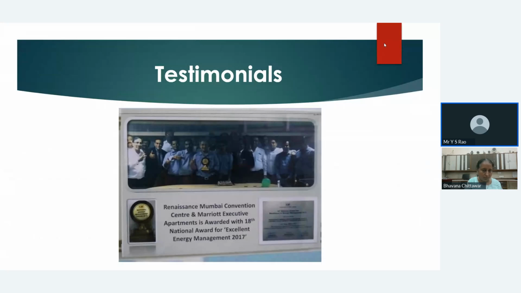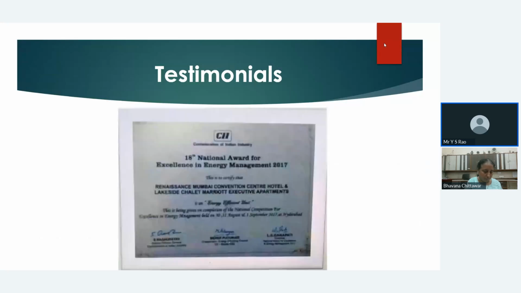It's an evidence. Having said that, it is evident through this case study that if an energy audit is conducted meticulously and the ECMs are implemented diligently, then the outcomes will be astounding. And this National Award certificate conferred by CII itself is an evidence for it.